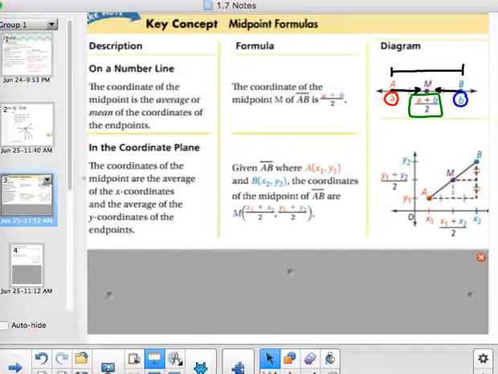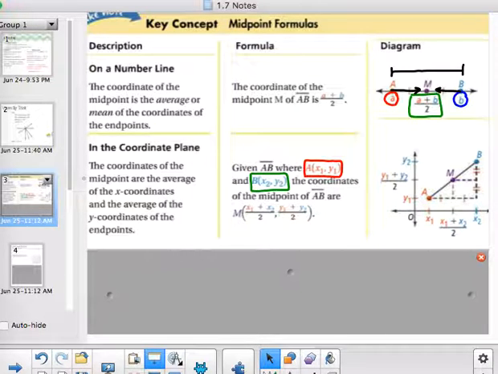The other midpoint formula that I need you to recall is when you're dealing with a coordinate plane. If you're given 2 points, A and B, you need to utilize the coordinate for A. We're going to let A's coordinate be x1 and y1, and we're going to let B's coordinate be x2 and y2.